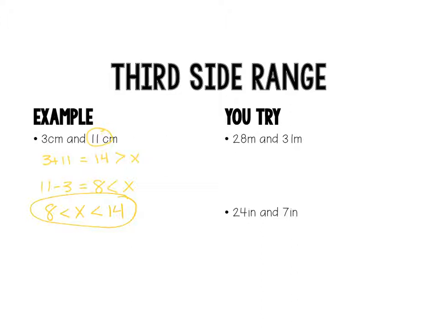And the reason this works is because we have A plus B has to be greater than C. So if I look at that as A and B, then C has to be less than A plus B. But if I look at this as A and C, well, I would move that around.